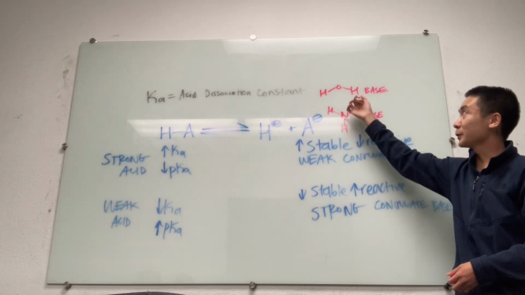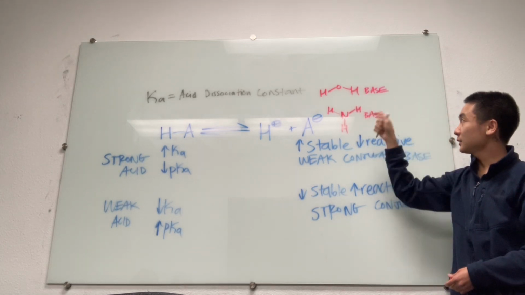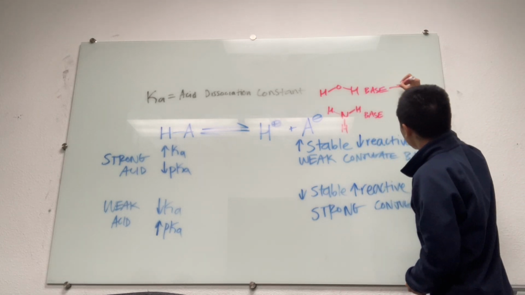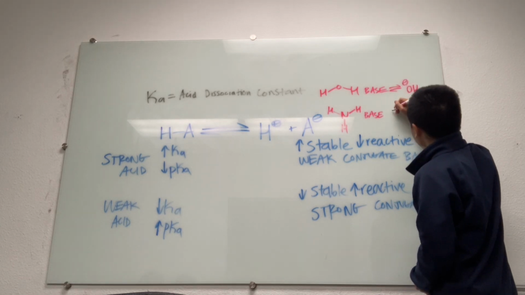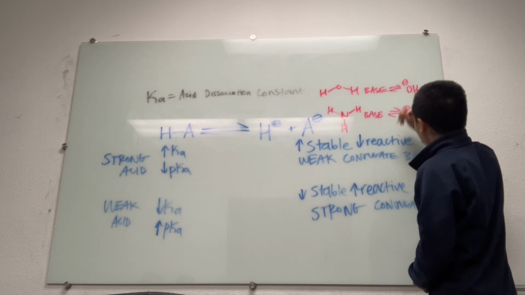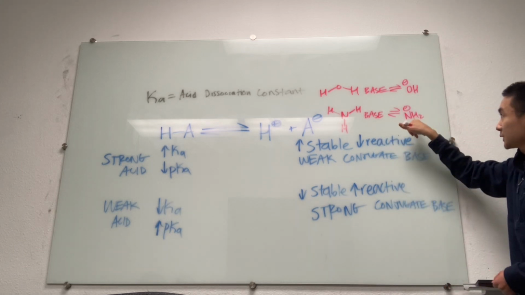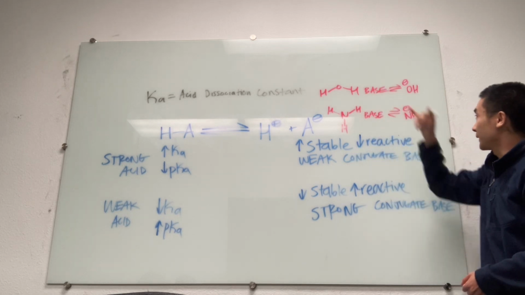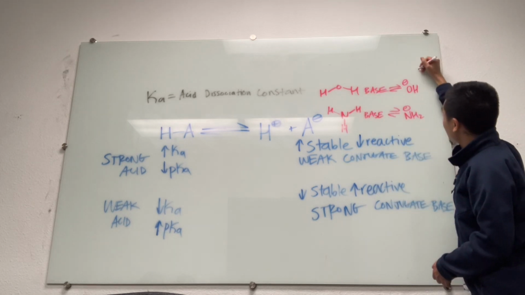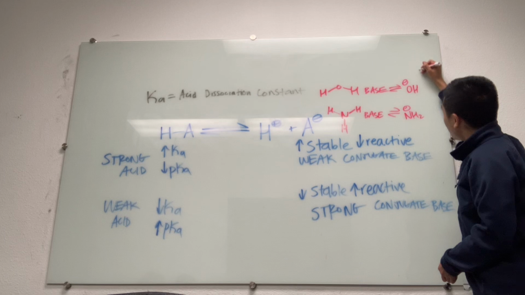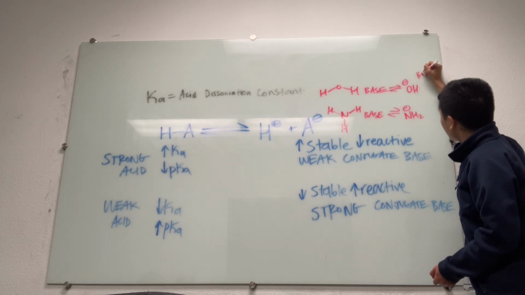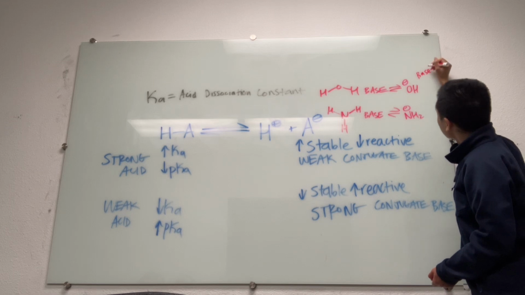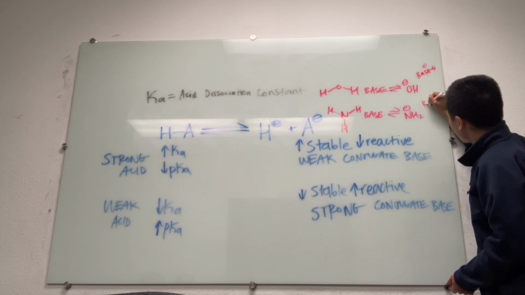Deprotonate meaning that we're going to take away a proton from this structure here. When we do that, we're going to form these conjugate bases here, OH minus and NH2 minus. So this is the conjugate base of these acids right here. And then the base is just going to pick up a proton, so both of them are going to have a protonated base. Okay. Base, H plus. And these are the conjugate acids of the base.